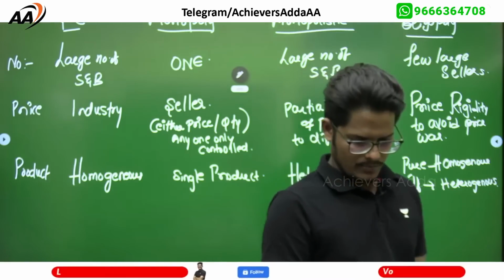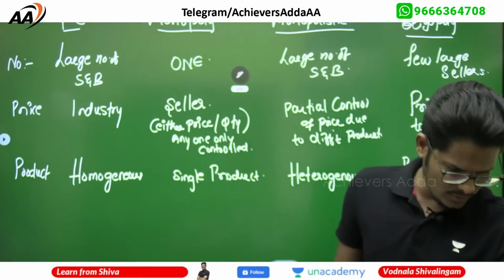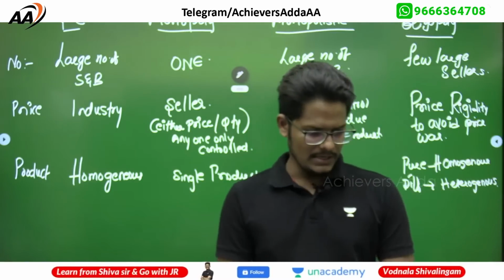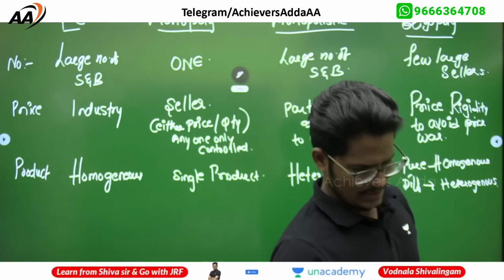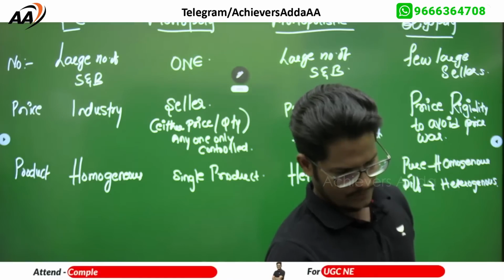Pure oligopoly is homogeneous, and differentiated oligopoly is other than single, so a few.